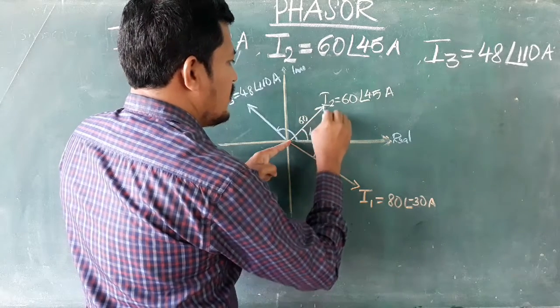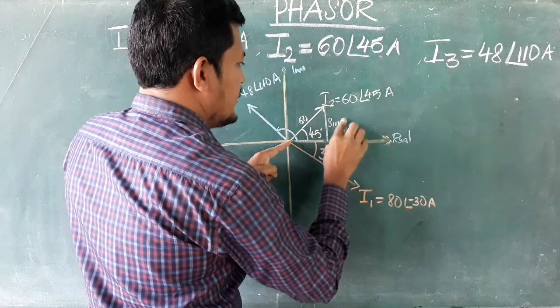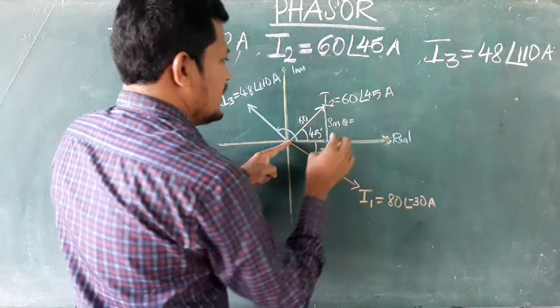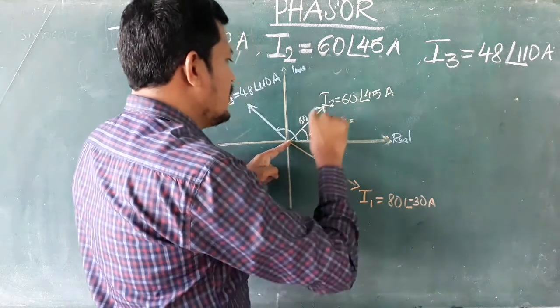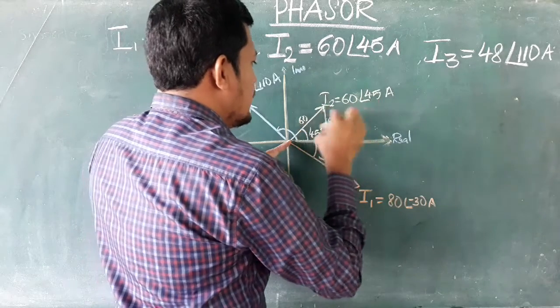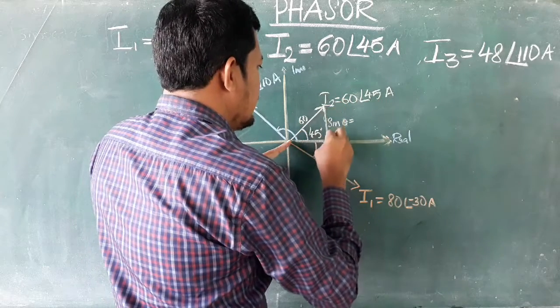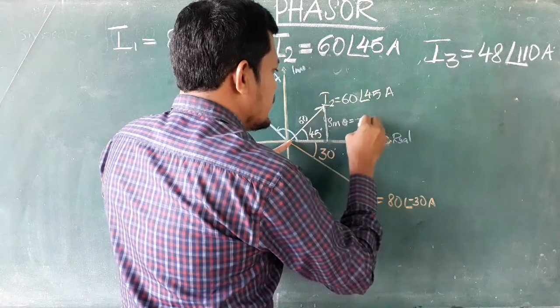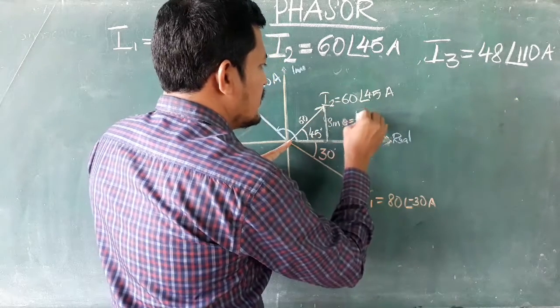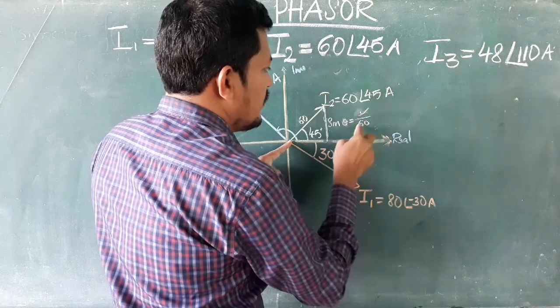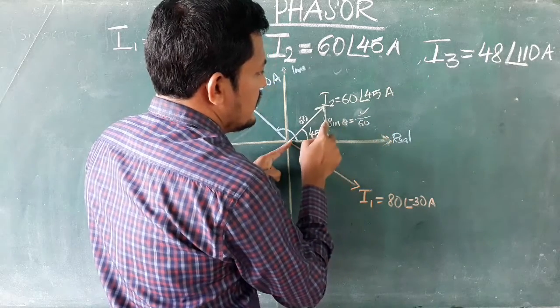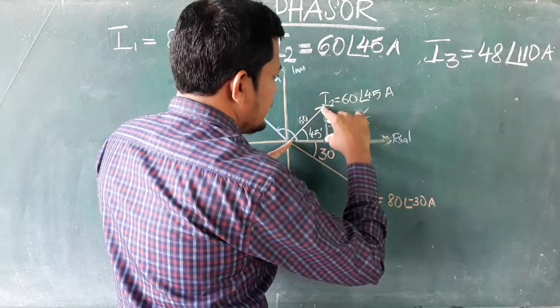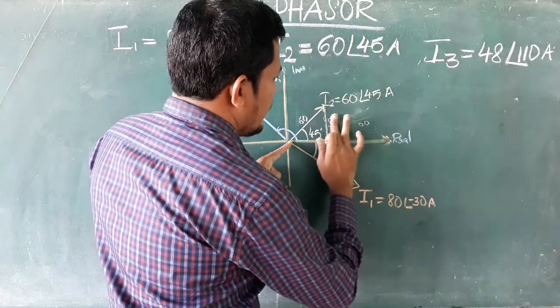So its sine component means sine theta equal to this side, which we don't know. We have to find out this side. So this side divided by our 60. Clear. So we want this one, so we have to multiply by 60 here. So we got the side. Clear. So I am writing like this.